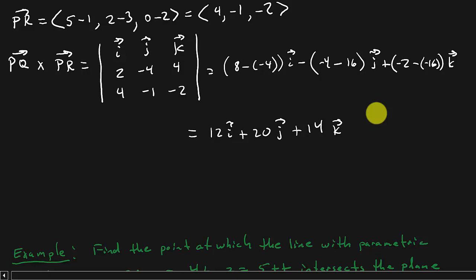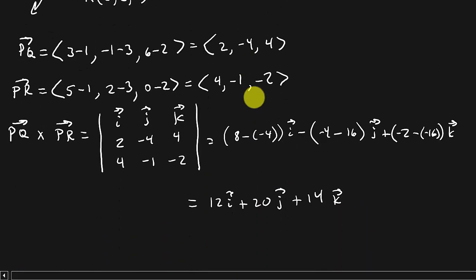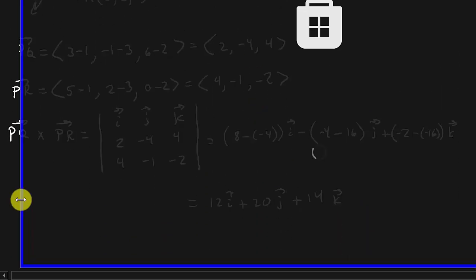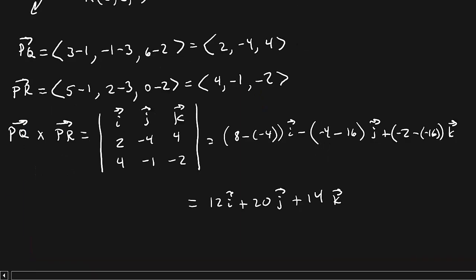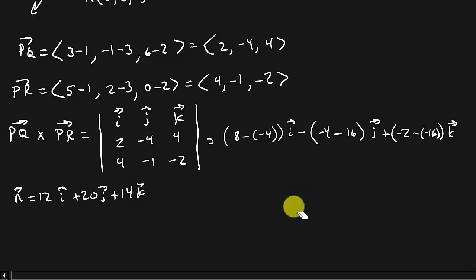And so let's use our normal vector n, that's 12I plus 20J plus 14K. And then, let me erase that. And then I've got my point that I'm going to use.